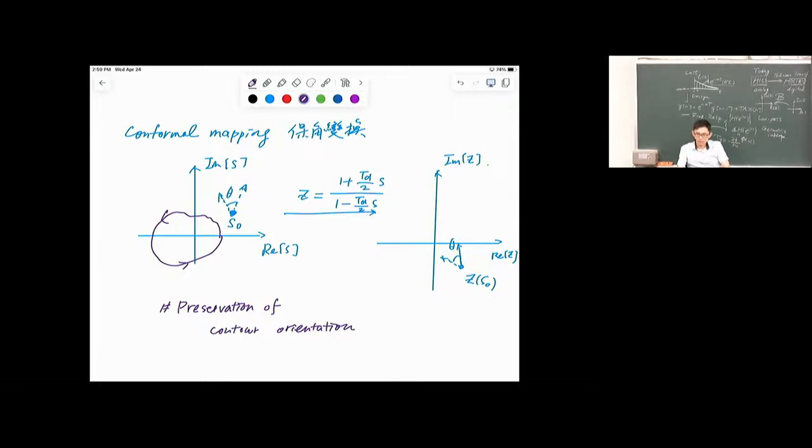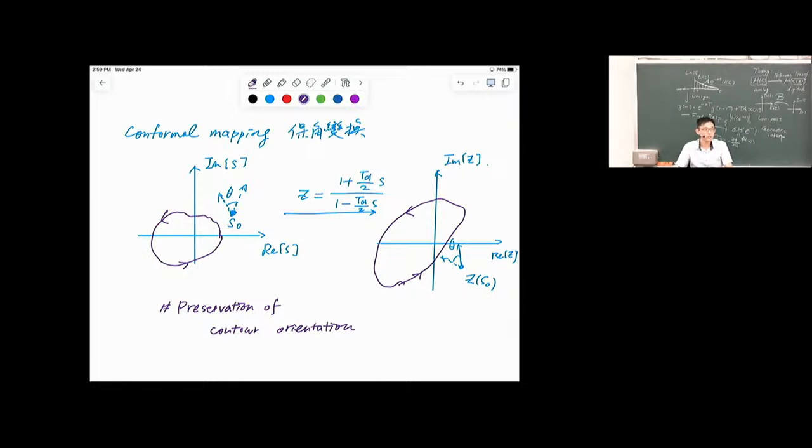So after the bilinear transformation, doesn't matter which direction, from one domain to the other domain, it also maps to a contour. And what's counterclockwise in one domain remains counterclockwise in the other domain. That's what we mean by preservation of contour orientation.